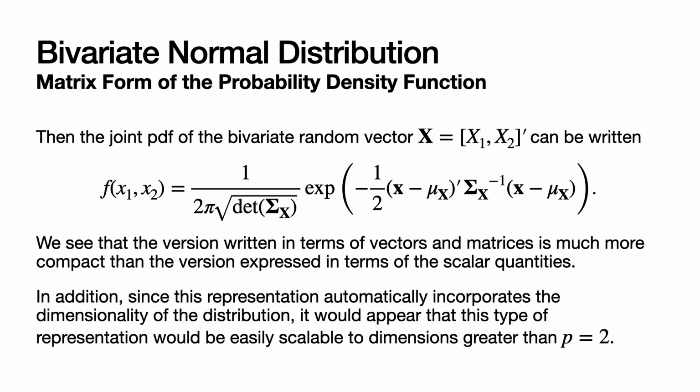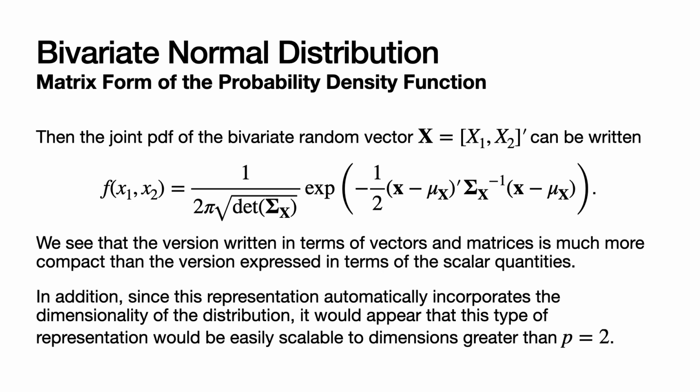So f of x1, x2 is equal to 1 over 2 times pi times the square root of the determinant of cap sig sub x, times the exponential function evaluated at negative 1/2 times this expression, where we have the transpose of the difference between the argument x vector and the mu vector, pre-multiplied against the inverse of the sigma matrix, which is then post-multiplied by x minus mu sub x.